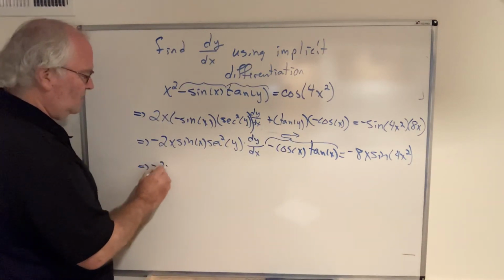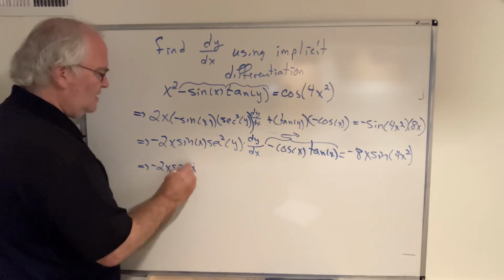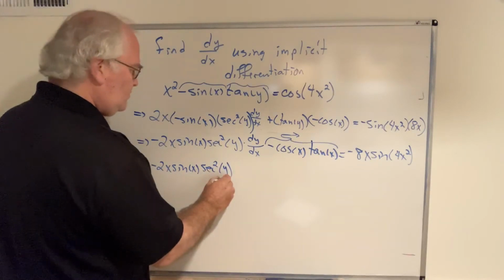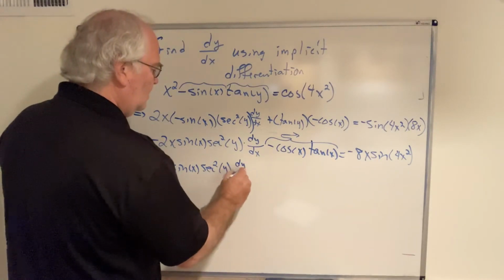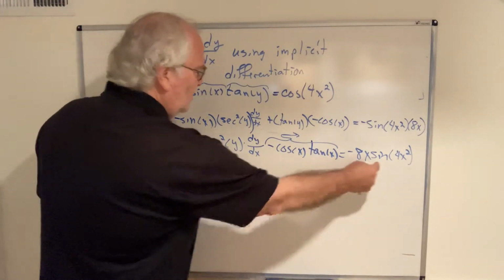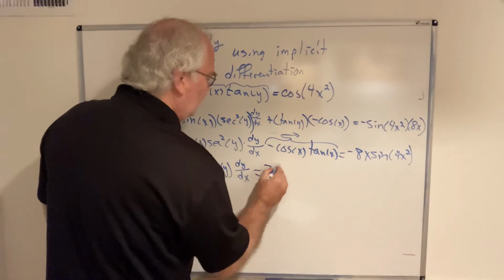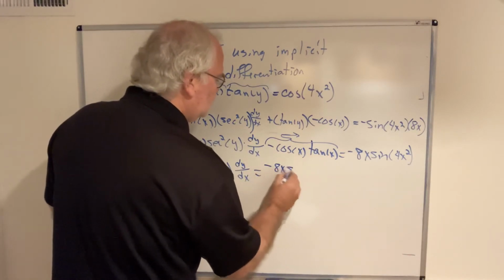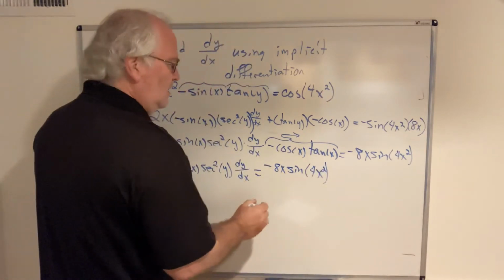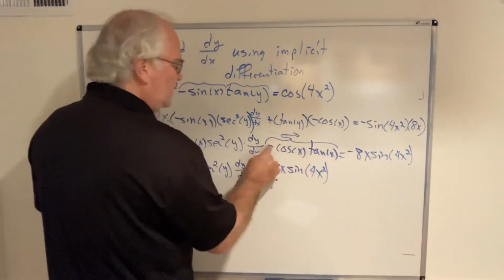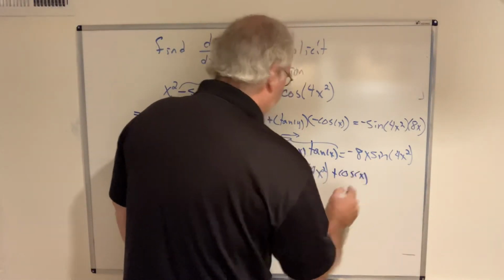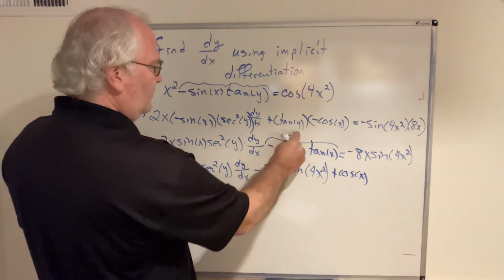So we have negative 2x sine of x secant squared of y dy dx is equal to, this was already over here to start with, and then this needs to get moved over to the other side and become positive, plus cosine of x tangent of, this should be a y.